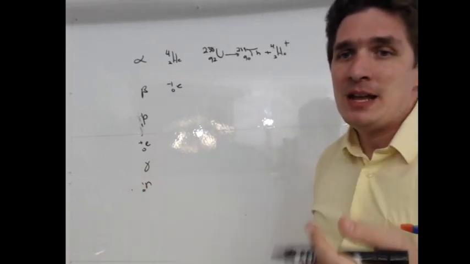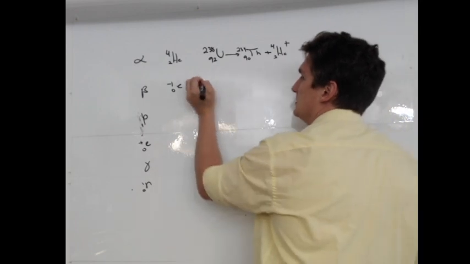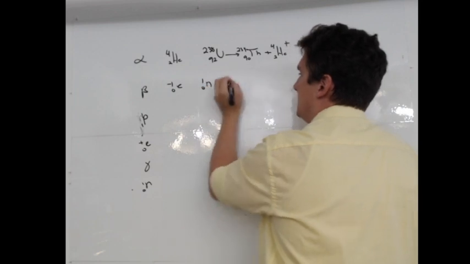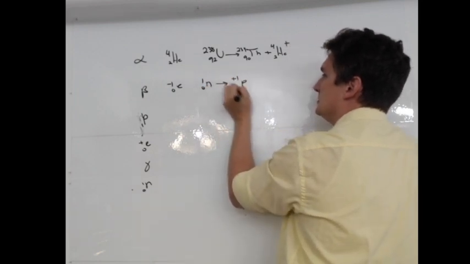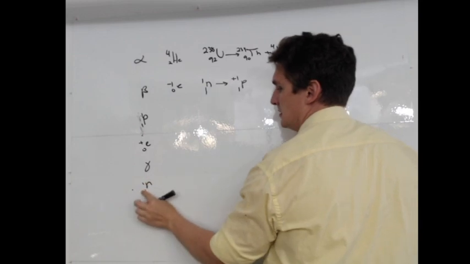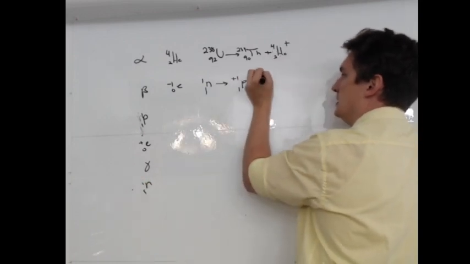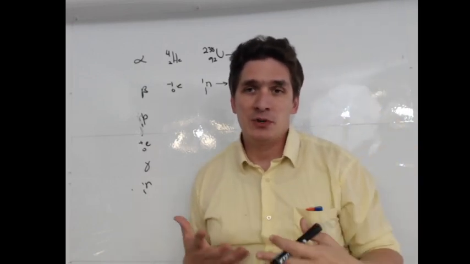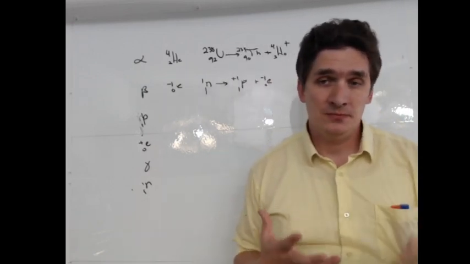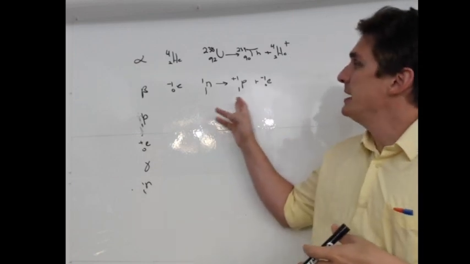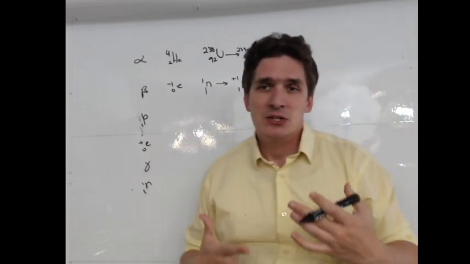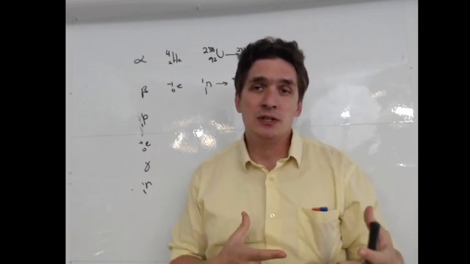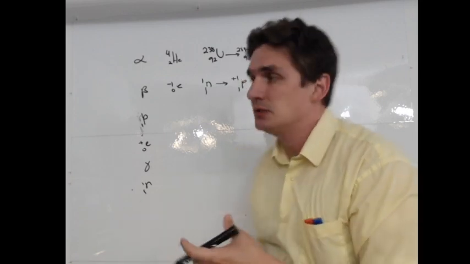So when we have beta decay, it comes about from a neutron decaying into a proton and an electron. Now with beta capture, we have the reverse. So if a beta particle is absorbed, very rare, but if it does absorb, it reacts with a proton in the nucleus to give us a neutron. So when we have beta decay, what's happening is that we are converting a neutron in the nucleus to a proton by ejecting an electron.